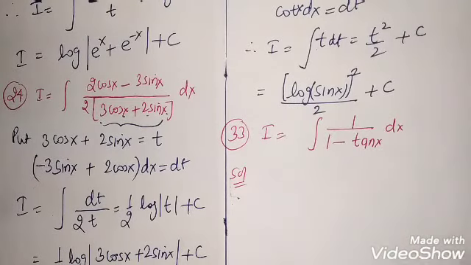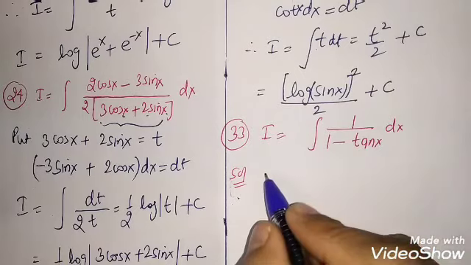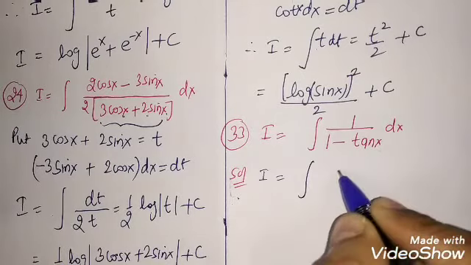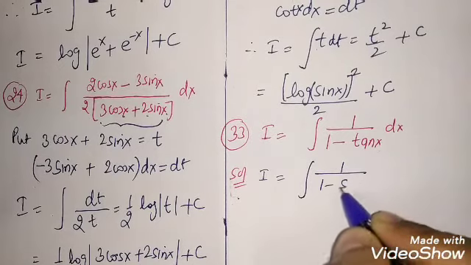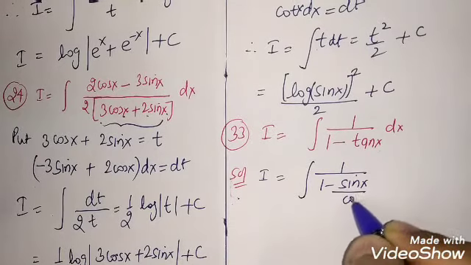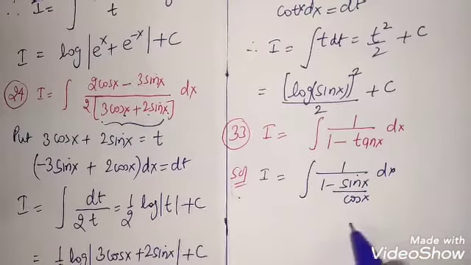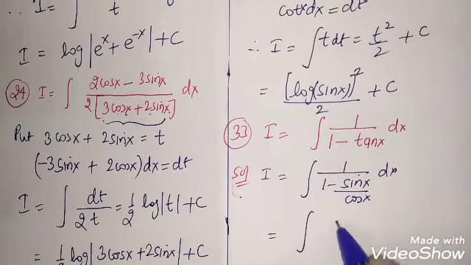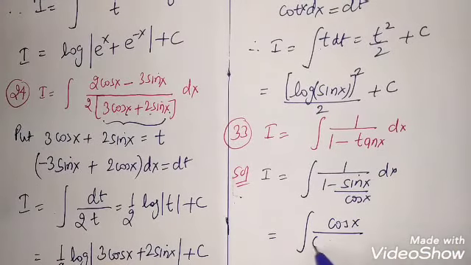Solution. How can I solve it? See, change tan x to sin x upon cos x, so sin x upon cos x dx. Take LCM over here. This seems to be cos x upon cos x minus sin x.